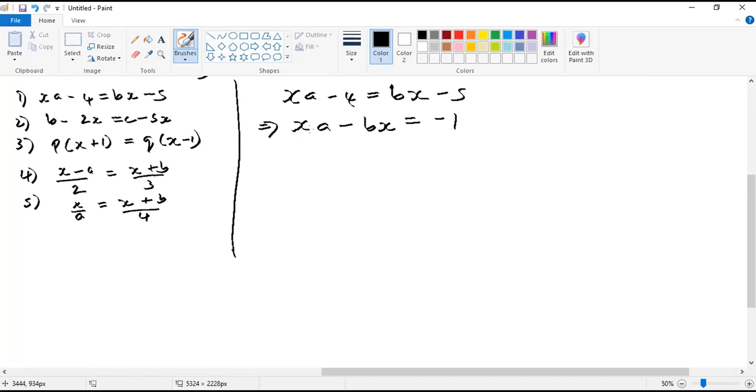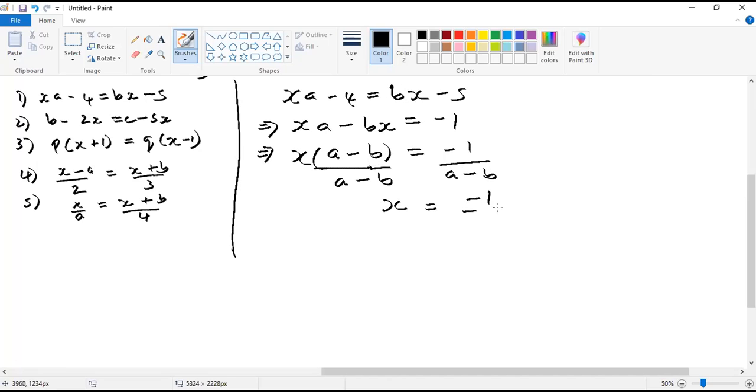And then here we see that x is common, so we can factorize. And inside the bracket, we have a minus b. And then we can divide both sides by a minus b. Minus 1 over a minus b.